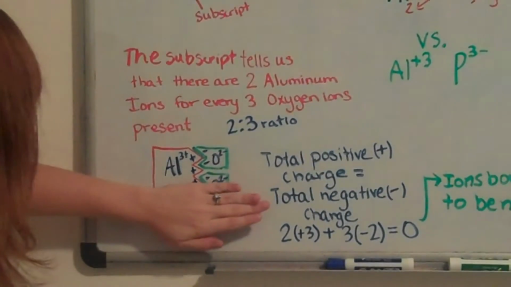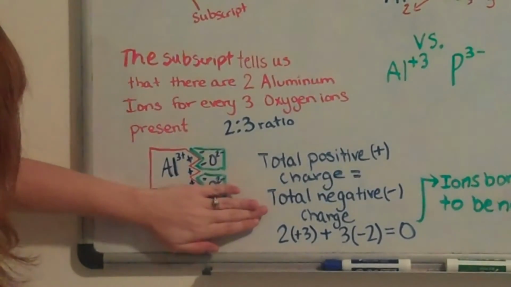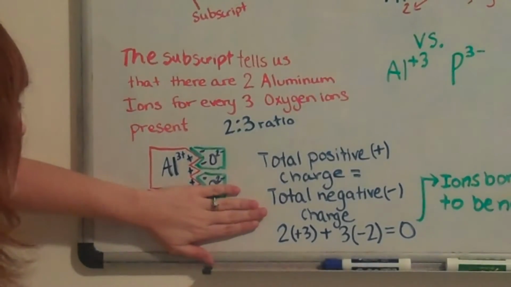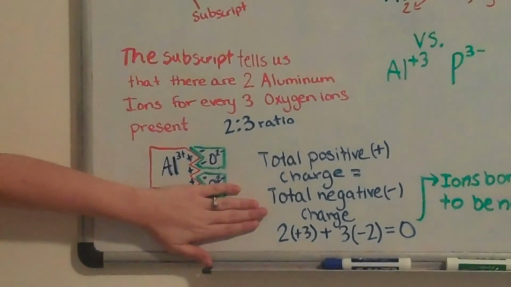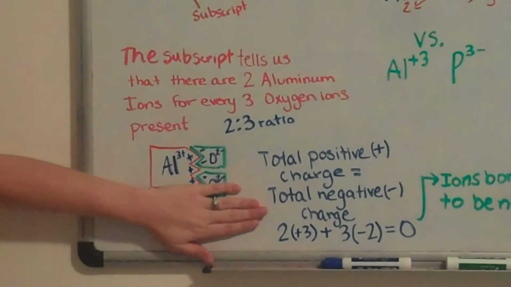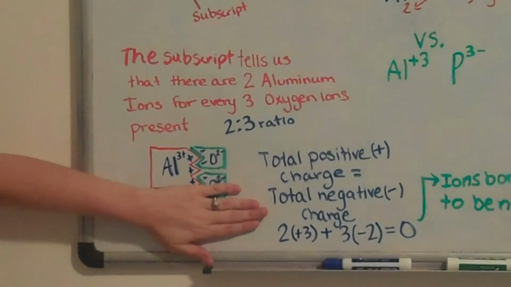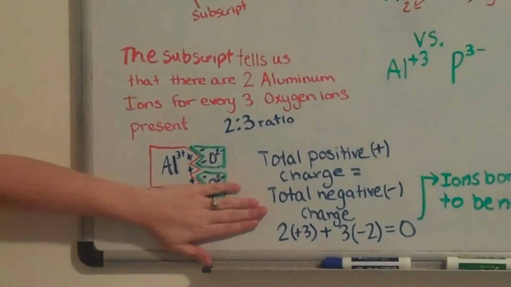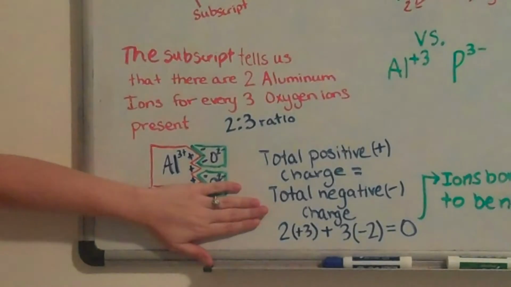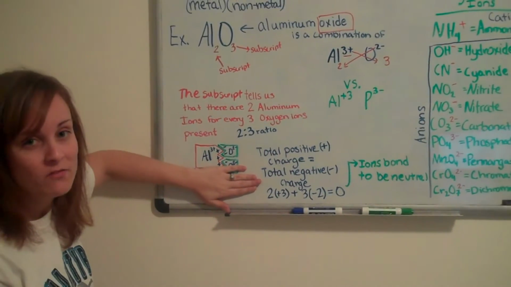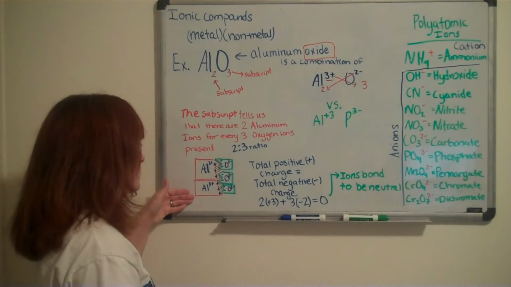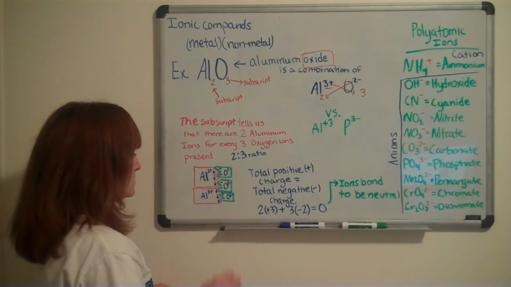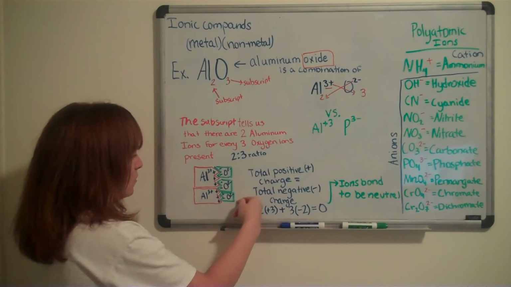If we had just one aluminum, we see that we need an oxygen and a half to cancel out the charge on the aluminum to make it neutral. And that's our goal when we're writing the formula for ionic compounds, to make it neutral. But we can't have half of an oxygen ion, so we have to keep adding another aluminum, so we add a second one, so that these charges will cancel.